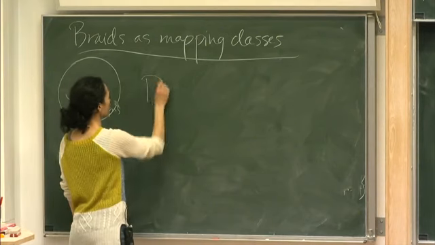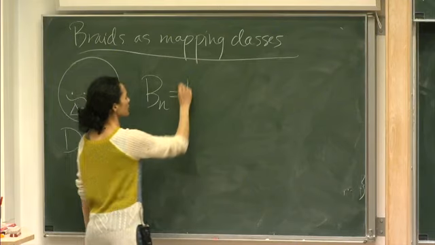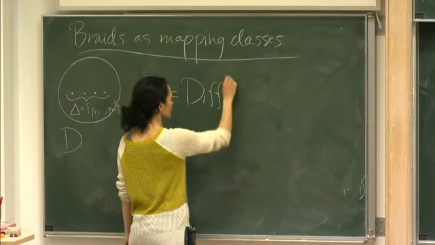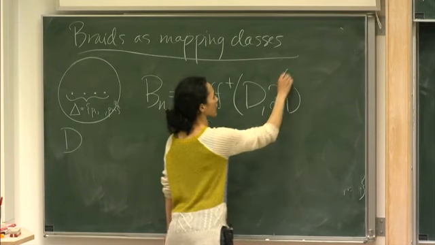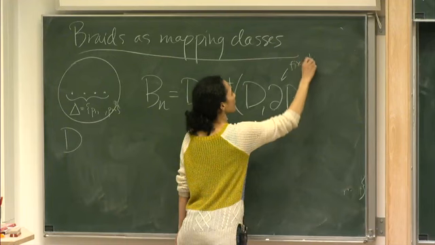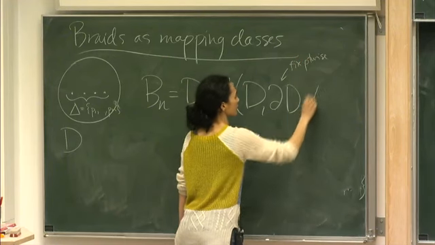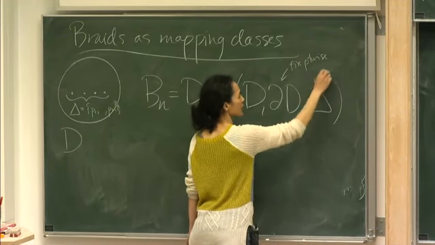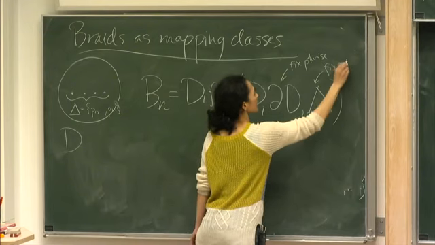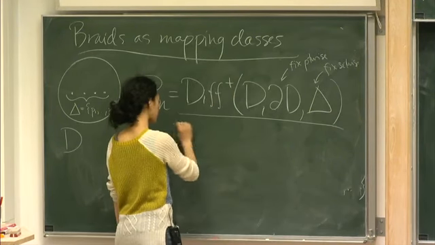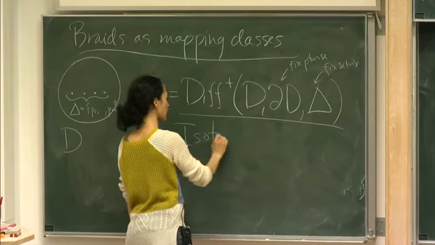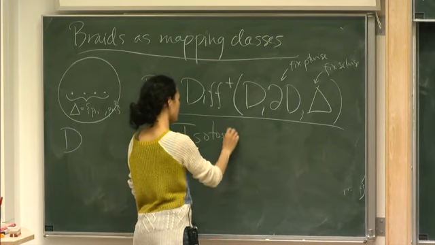Then we can think of the braid group as orientation-preserving diffeomorphisms of the disk, which fix the boundary pointwise, fix the set delta setwise, modulo isotopies that are fixing both the boundary and delta pointwise.